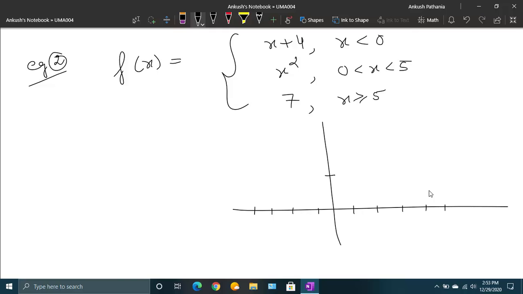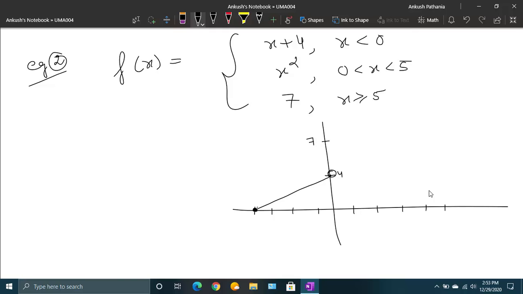Say this is 4, I am just not taking it on scale, and this is 7. So x plus 4 is the straight line, this one.